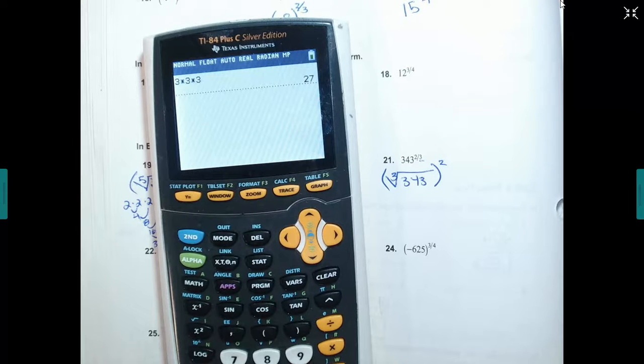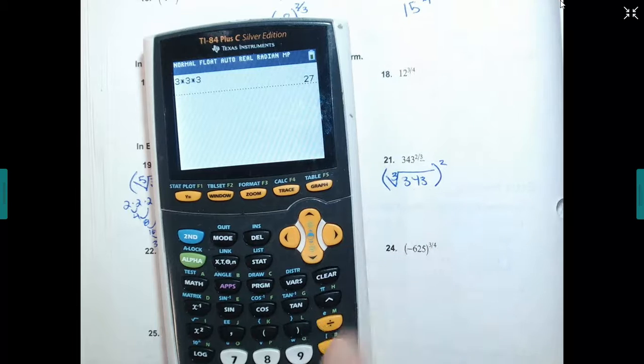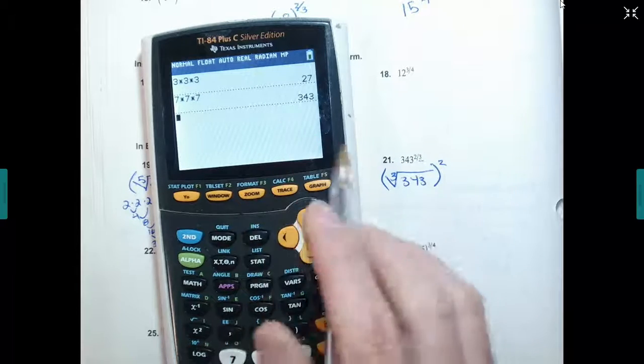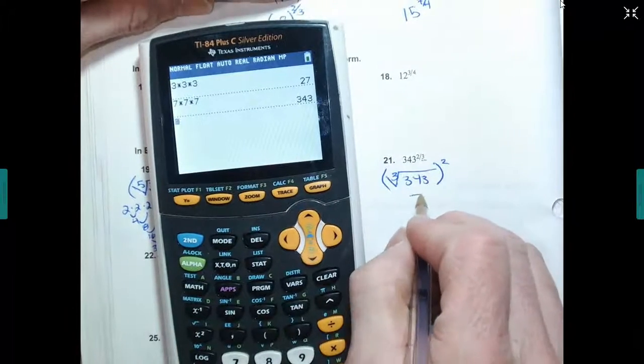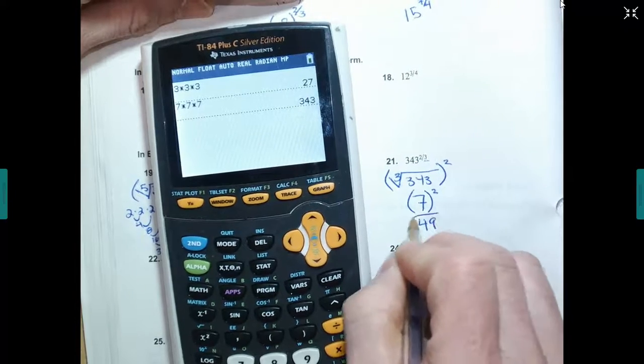Oh, no, not even close. 4, 5, 6, 7. Let's try 7. 7 times 7 times 7. Hey, look at that. 343. So I have 7 squared, which is 49.